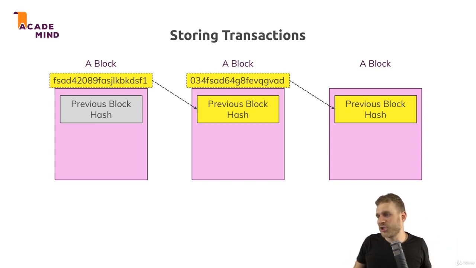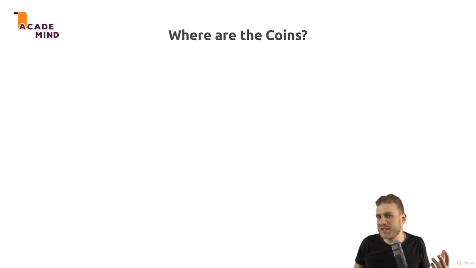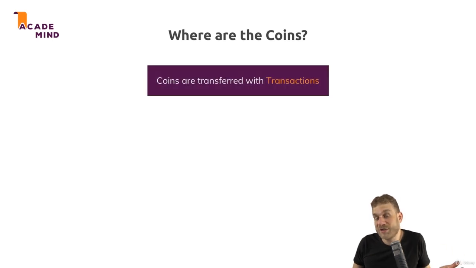So back to the picture from before, our data now simply is that list of transactions. It's that simple. And what are the coins then? Well, the coins is just something you come up with. You can give the things you're transferring in the transactions whichever name you want. Coins are transferred with transactions, that's all. You have to, from, and how much. The how much, that is your coins, and you can name them whatever you want.